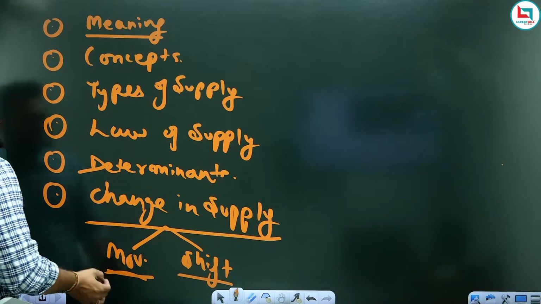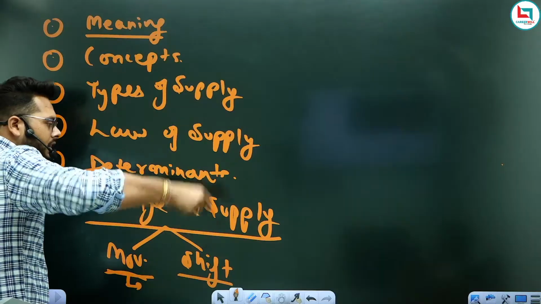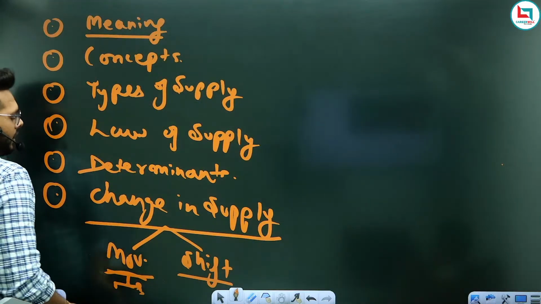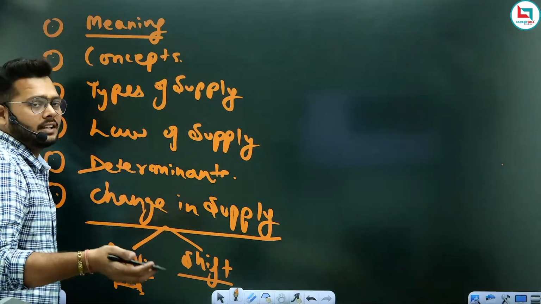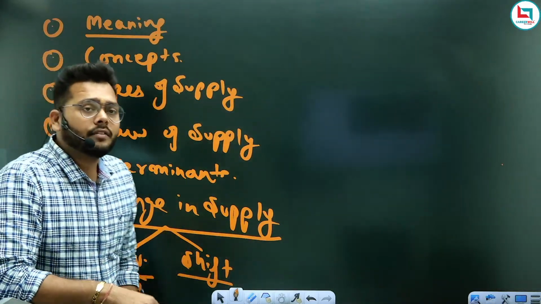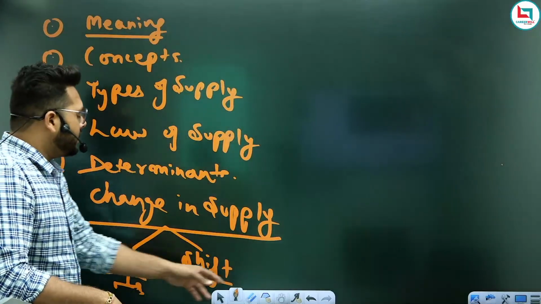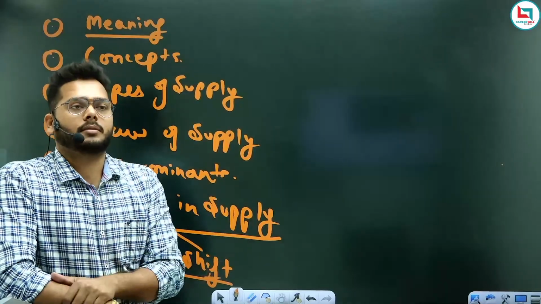As we all know, movement means the supply curve is moving along the curve, right? And in this section, we have discussed the two major parts. The first one is expansion of supply, or you can say extension of supply, and the second one is contraction of supply, right? And in shift in supply, we have discussed the increase in supply or the decrease in supply, right?